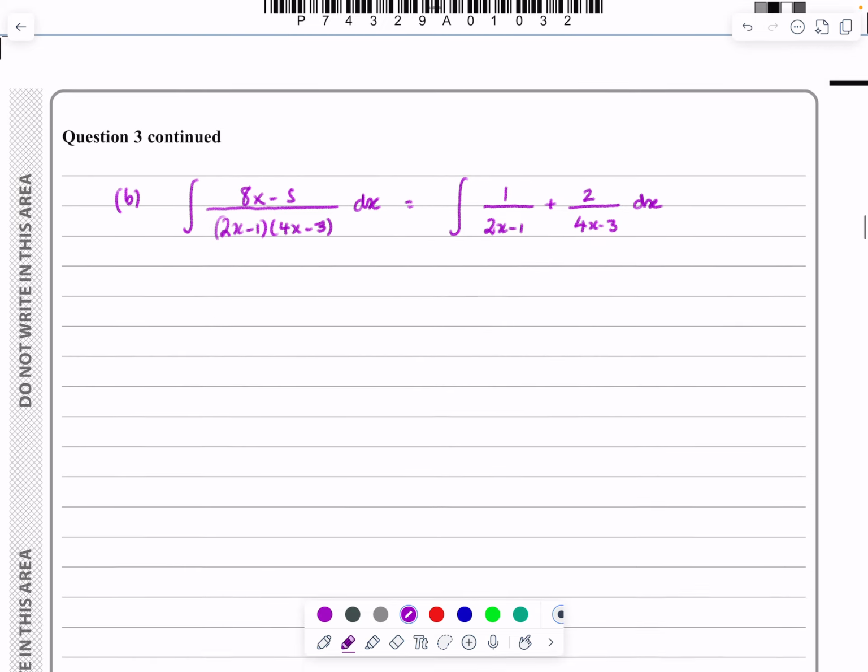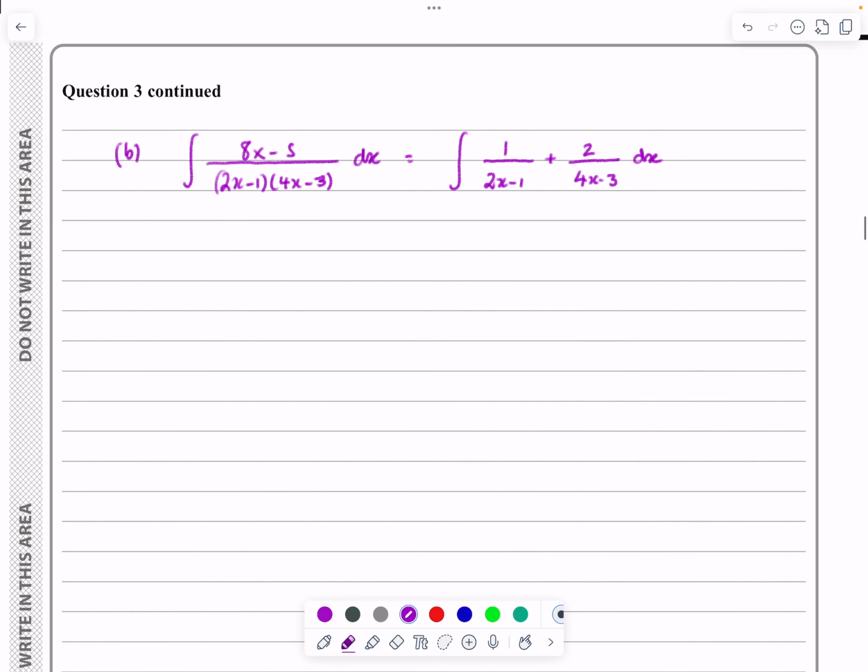Okay, now we've just got to integrate the right-hand side. At this stage of you going through and integrating, I'm hoping you're not going to have any problem integrating these two relatively straightforward terms.